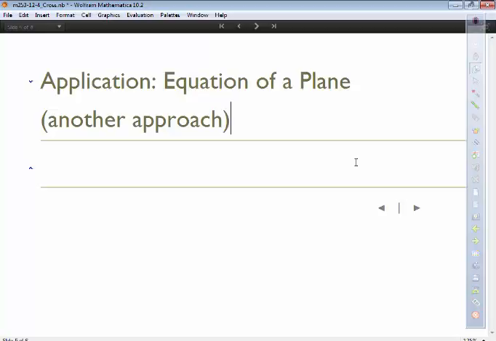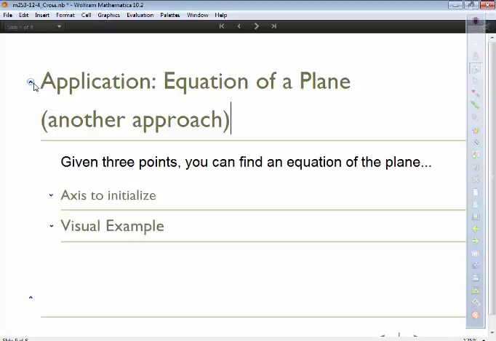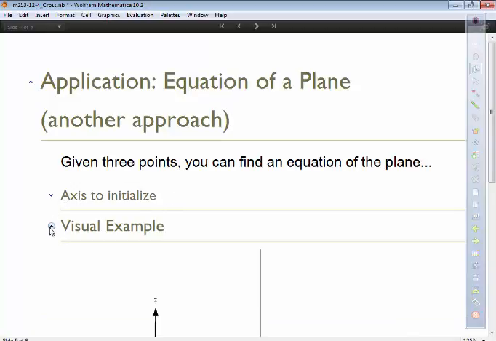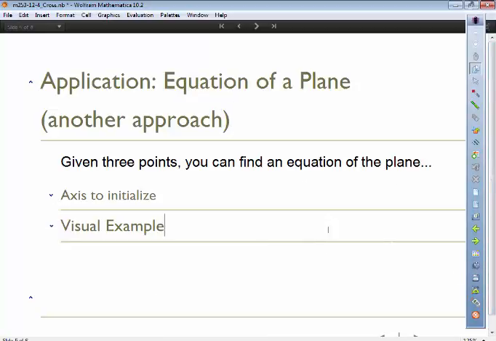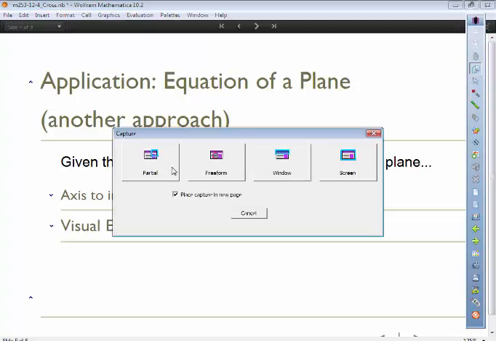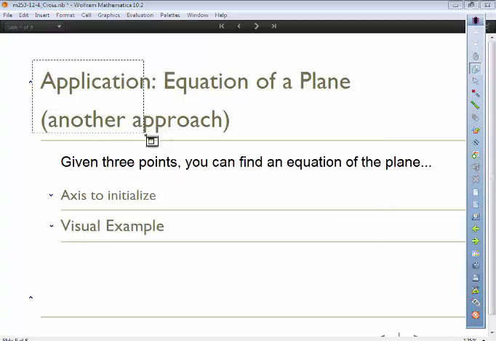Well, it turns out that for a plane, if you have 3 points, you have a well-defined plane. So here's another approach to finding an equation of a plane, this time when you're given 3 points. Oh, I don't have an actual example. Guess we'll have to come up with 3 points.